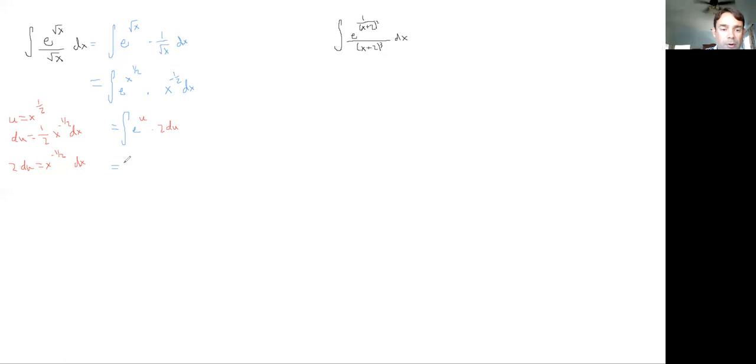Not even close to being the right color. There we are. And we're still left with e to the u du. And that's my favorite integral. So plus c. That means 2 e to the x to the 1/2.